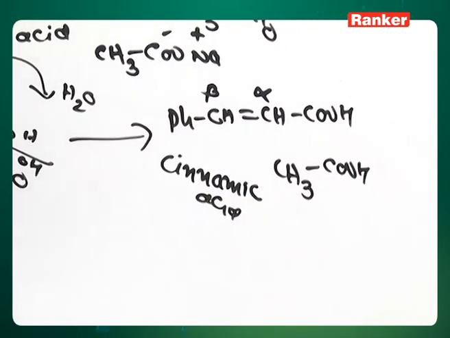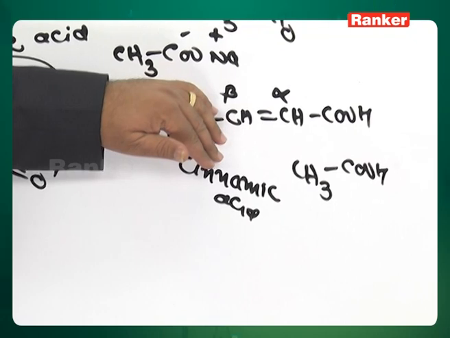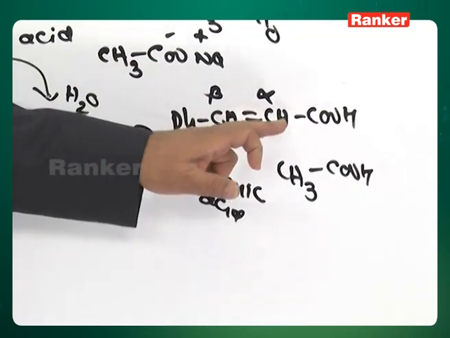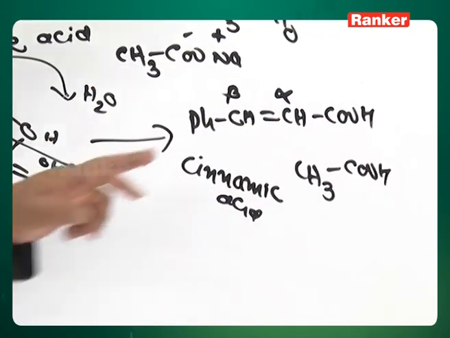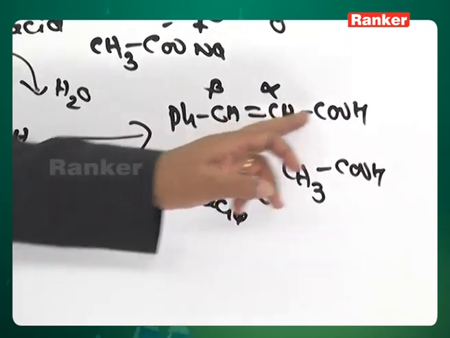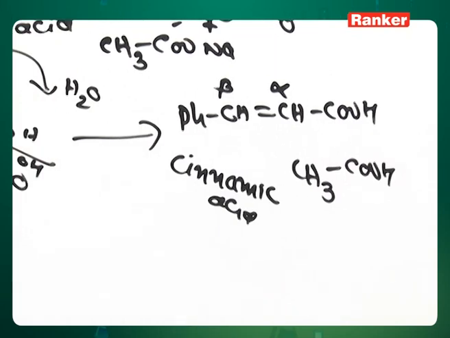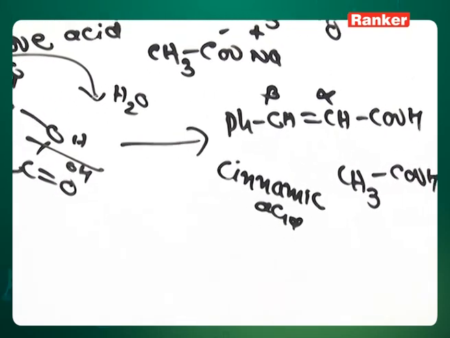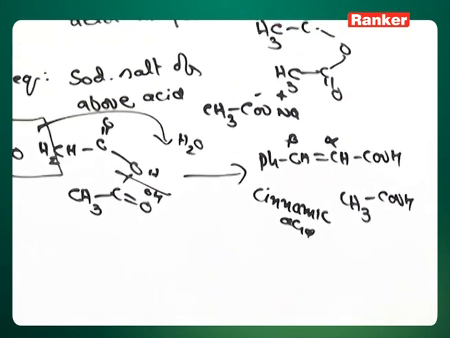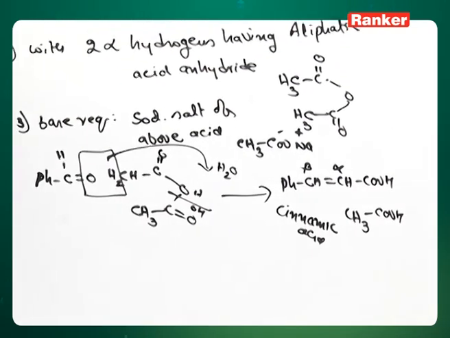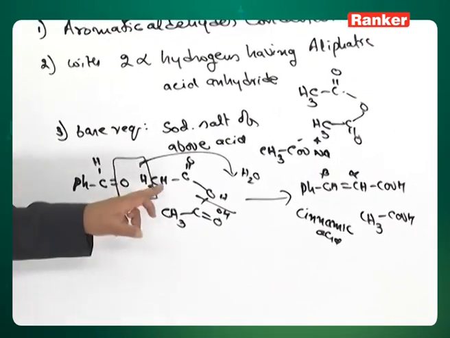You can name it 3-phenyl-2-propenoic acid, or 3-phenyl acrylic acid, okay. That is commonly known as cinnamic acid. So, cinnamic acid is formed in the Perkin condensation of benzaldehyde with acetic anhydride.